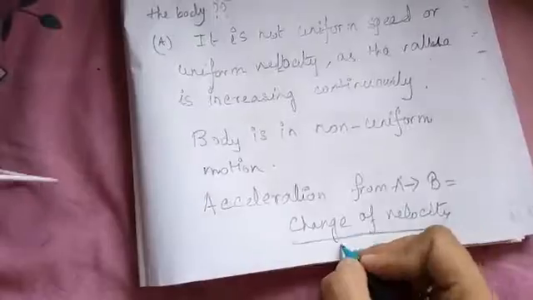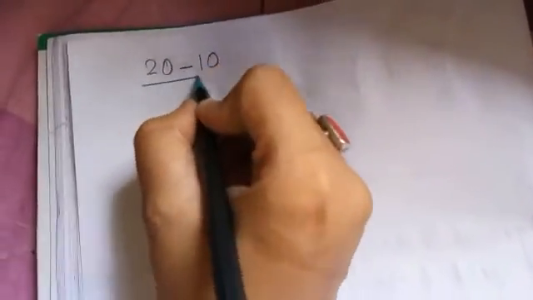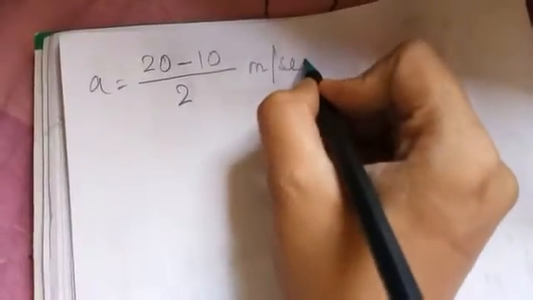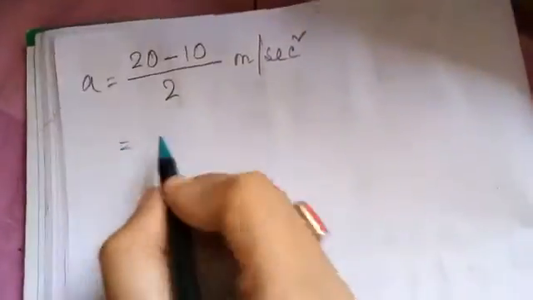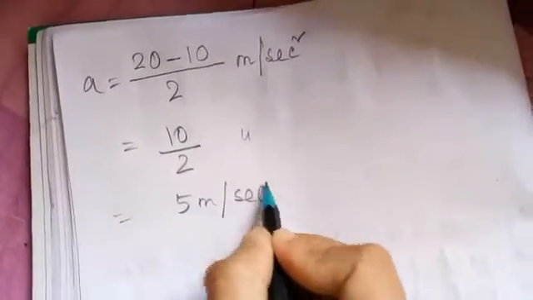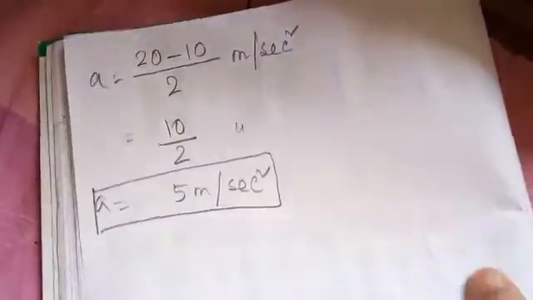That means from A to B the acceleration will be 20 meters per second minus 10 meters per second, and the time taken is 2 seconds. Now 10 by 2 is 5 meters per second square. So from A to B the acceleration is 5 meters per second square.